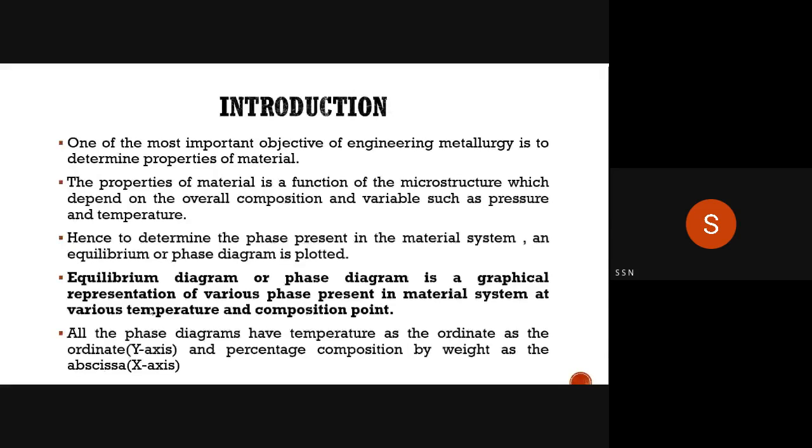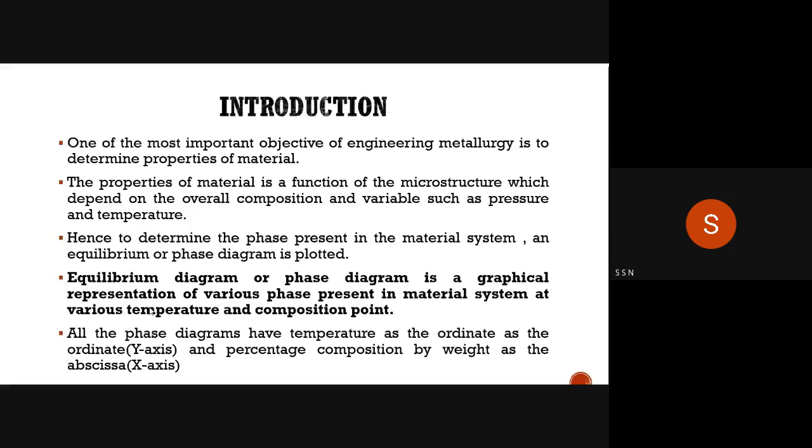In that phase diagram, on the x-axis or abscissa, we are taking the percentage composition of the alloy, and on the ordinate or y-axis, we are taking the temperature.